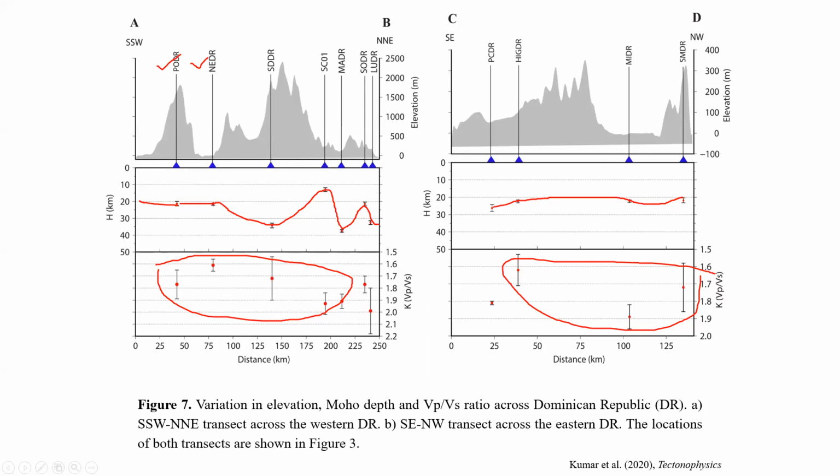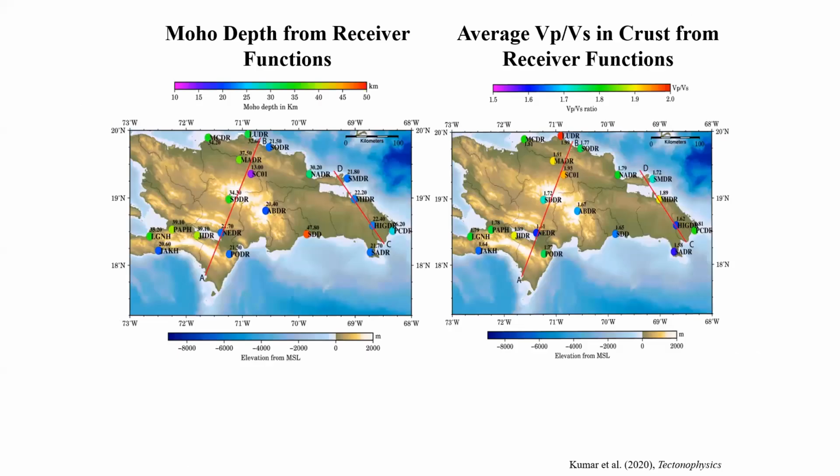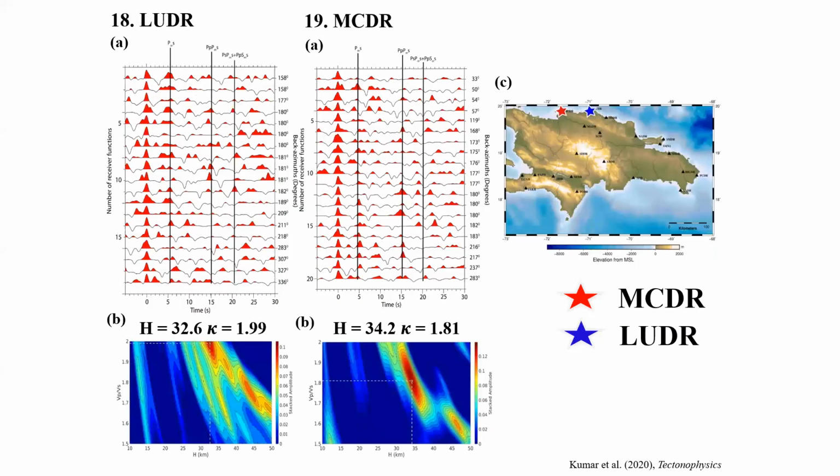Yes. In real results, some stations don't have multiples. So how reliable are the Vp/Vs and H values in that case?